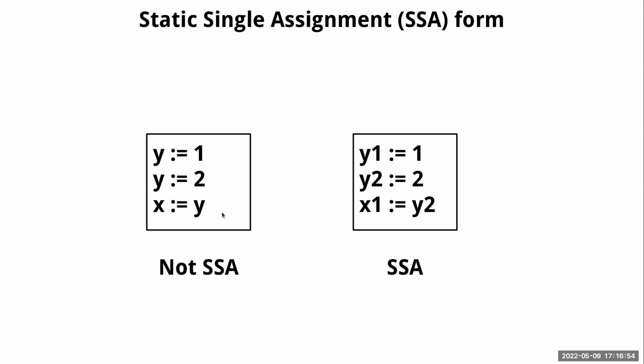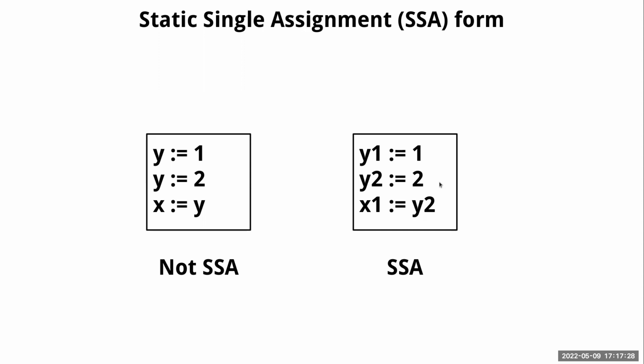So scientists found that if we translate this program into a different form, y was assigned twice, and we're not going to do that. We're going to assign a different variable. So y1 is assigned 1, y2 is assigned 2, and x1 is assigned y2. So x1 was never assigned y1, right?